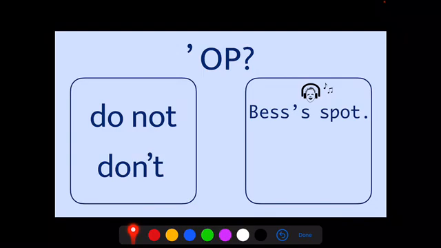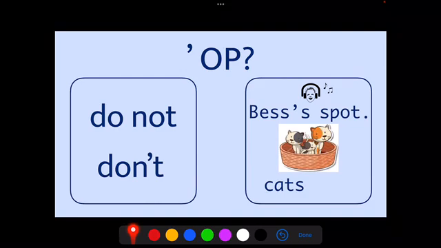And we keep just an apostrophe at the end of a word for when we are writing about more than one. And then people know we're writing about more than one. This is the cat's favourite spot.